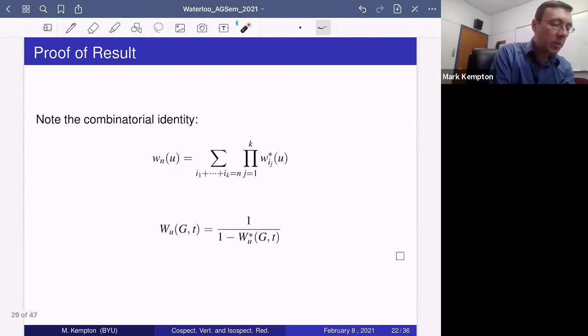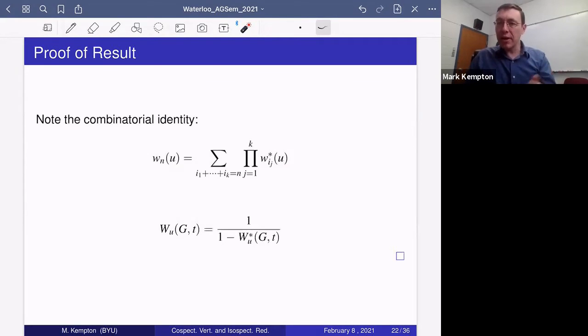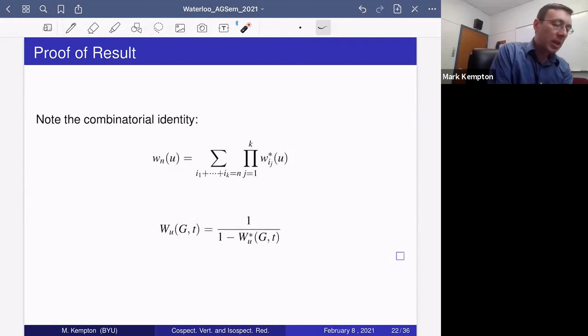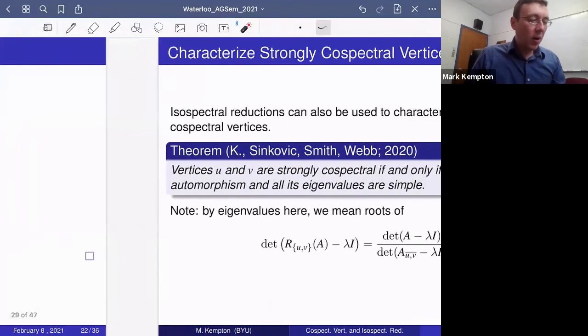And if you think through it, this gives you a fairly nice relationship between these two generating functions. So W sub U will equal W sub V if and only if W star sub U will equal W star sub V. And that gives us the result.